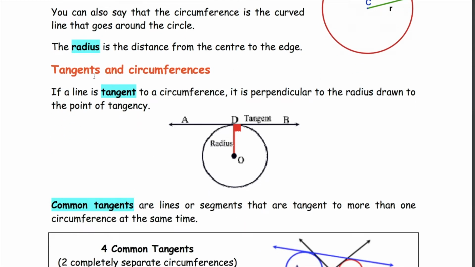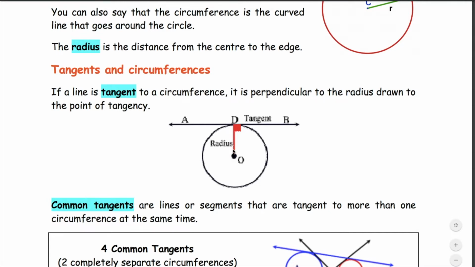So now tangents and circumferences. If a line is tangent to a circumference, it is perpendicular to the radius drawn to the point of tangency. So this is the circumference.